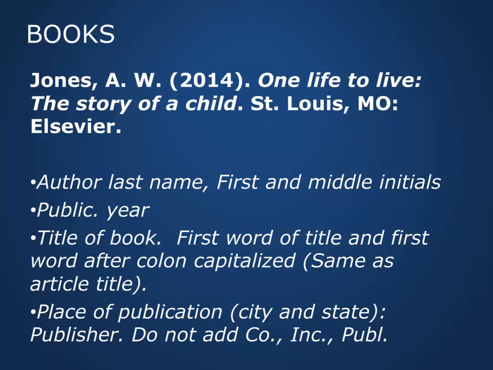And it's followed by a colon, and then the name of the publisher. In this case, you would not add company, incorporated, or publisher at the end of the citation. All elements that are not from the internet and that are cited in the reference list end with a period. There's a lack of a period here, unfortunately, but it should have a period after the word Elsevier.